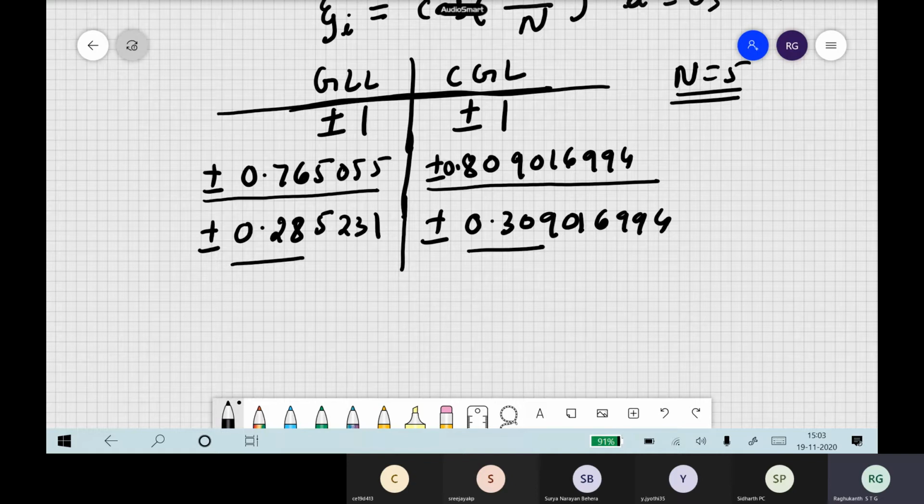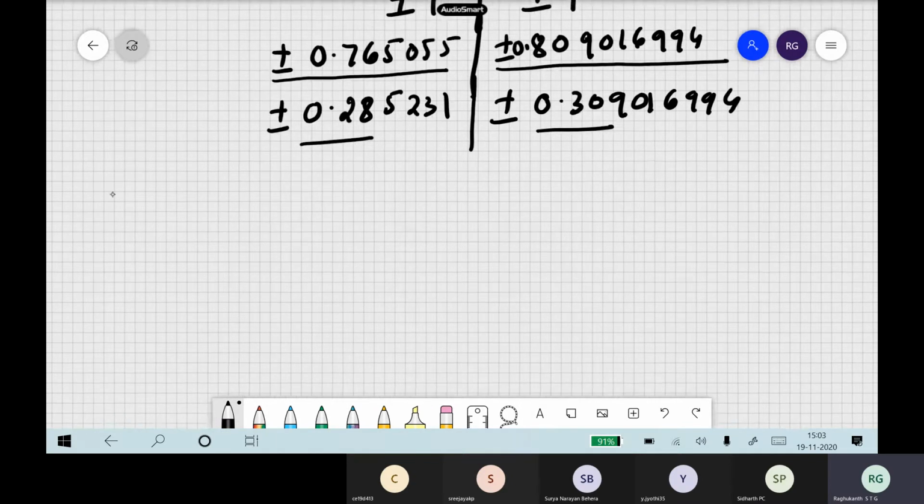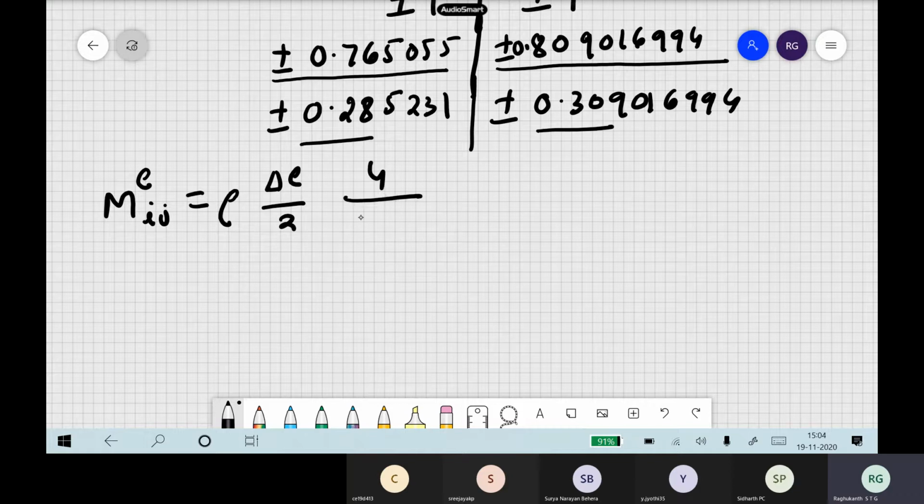Now if you compute the mass matrix by substituting the Chebyshev polynomial, you get the mass matrix like this for the same one-dimensional problem. The same things you have to derive: rho into delta E by 2, where delta E is the length, times 4 by n square, then ci bar, cj bar, with k and l equal to 0 to n.